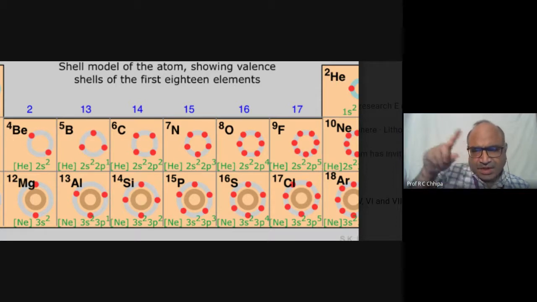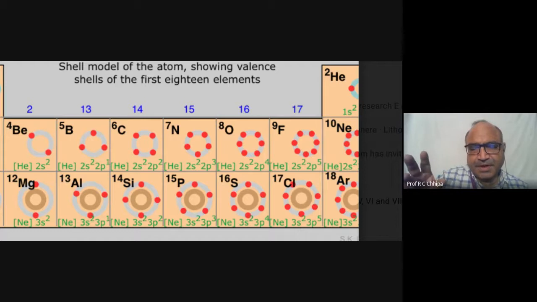So here the outer shell electrons are arranged, and that is the fundamental behind the different technologies, which are based on electrons, mostly the outer shell electrons. How many electrons are present in the outer shell is the most important concern.